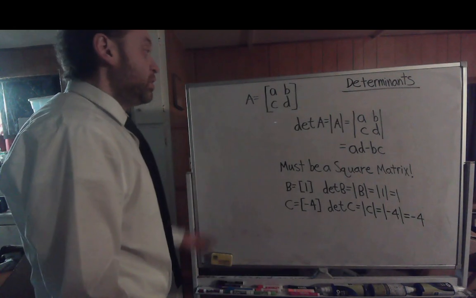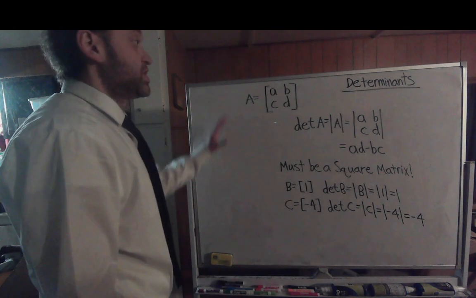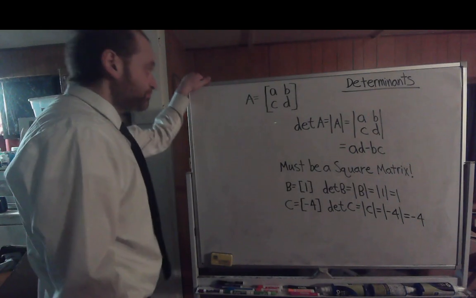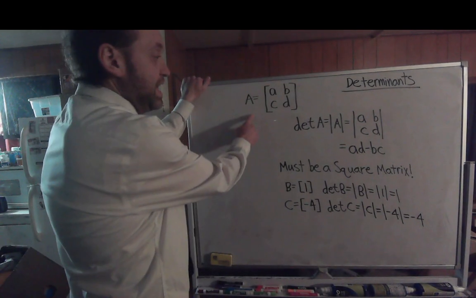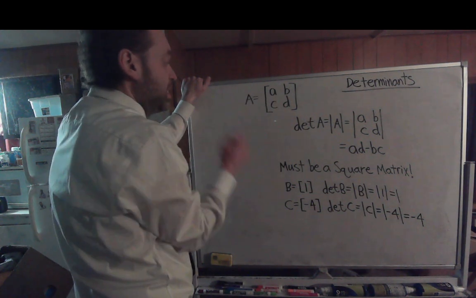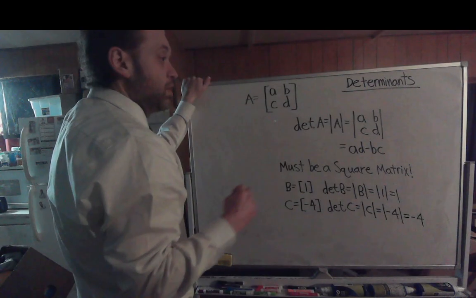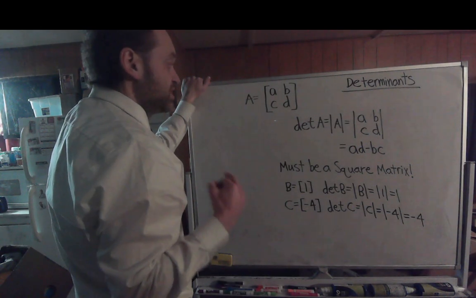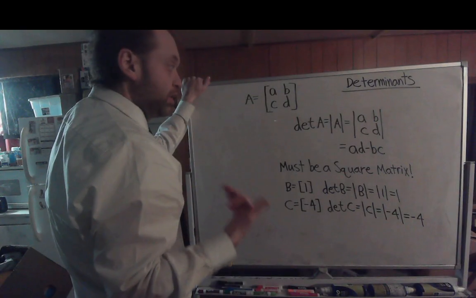Now, what we're going to be working with today is a 2 by 2. So you have matrix A that has arbitrary constants A, B, C, and D. You're still going to get one numerical value for this determinant, the overall numerical value of it.